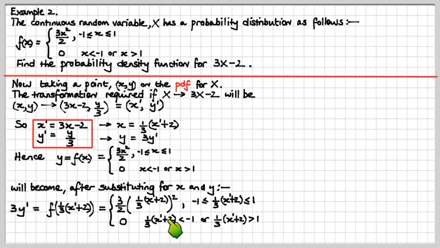This time it's this thing less than -1, or this thing greater than 1. So just one step at a time, everything will be good. Don't lose it now, guys.